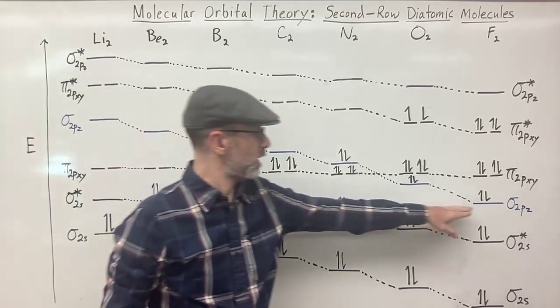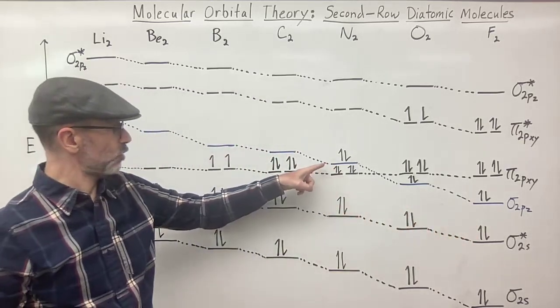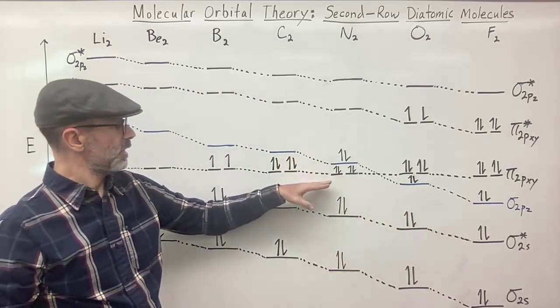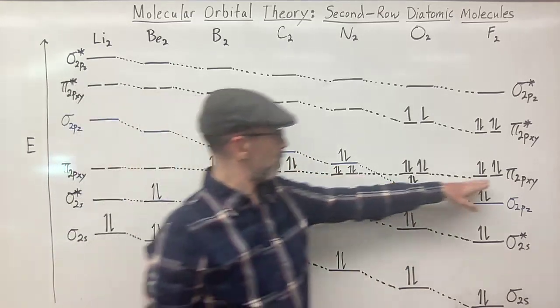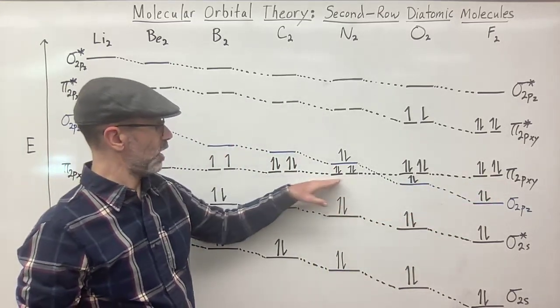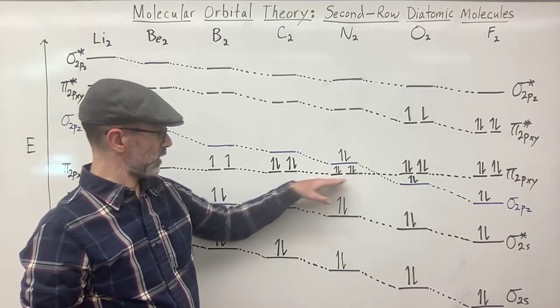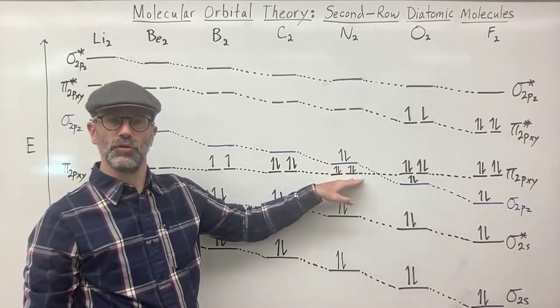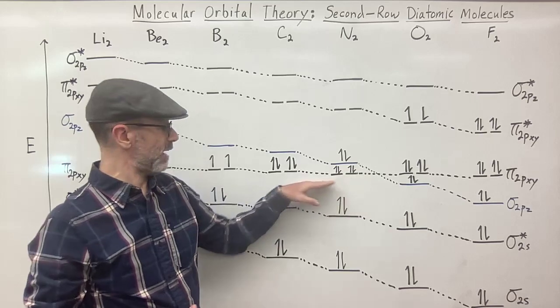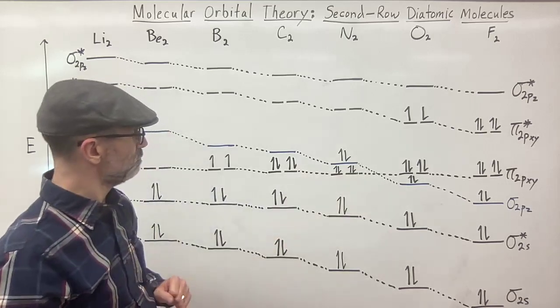So the sigma 2pz molecular orbital is higher in energy than the pi 2px and pi 2py degenerate molecular orbitals. Degenerate meaning that they have the same equal energy.